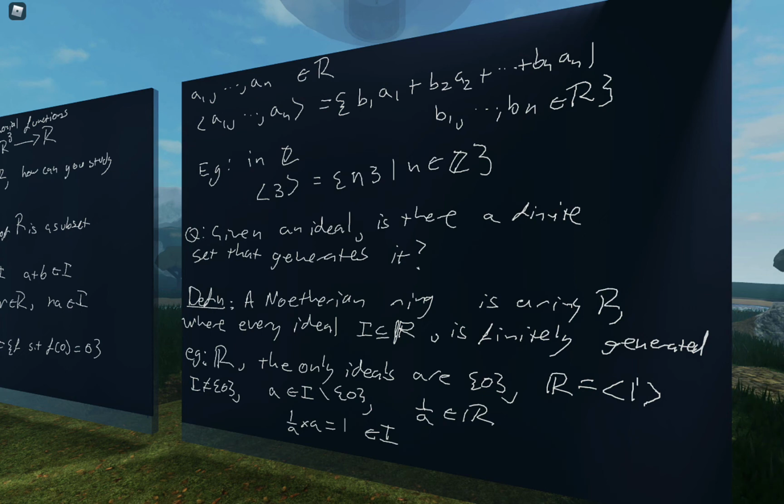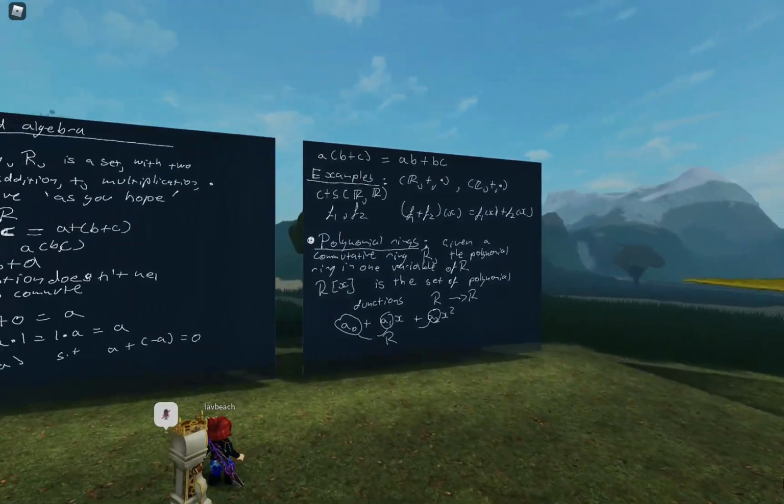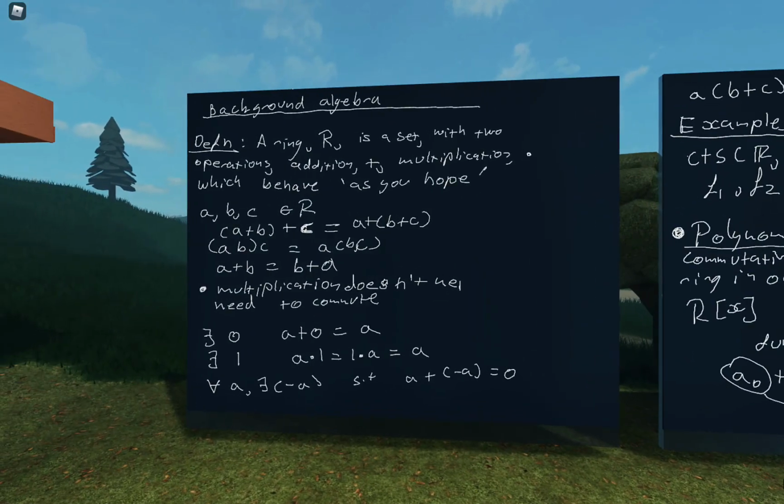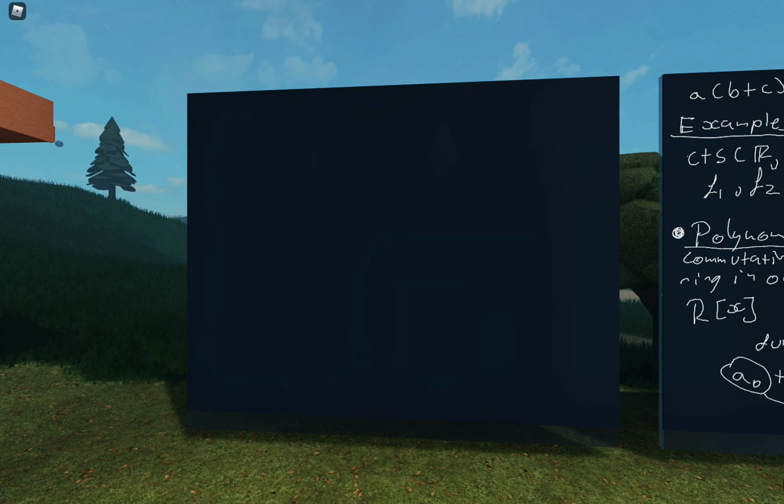And so I'll go back to the first board to introduce the main thing for this talk, which is the Hilbert Basis Theorem. The Hilbert Basis Theorem tells you when a polynomial ring is Noetherian.